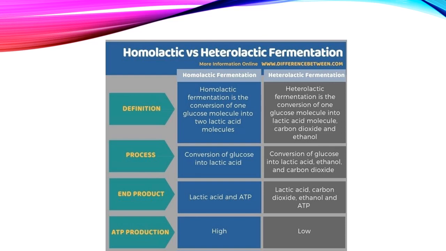The ATP production in homolactic fermentation is high because it follows the glycolysis pathway to generate the pyruvate. But in heterolactic fermentation, the ATP production is low because it follows the pentose phosphate pathway to generate the pyruvate. Therefore, the production of ATP is low in heterolactic fermentation.